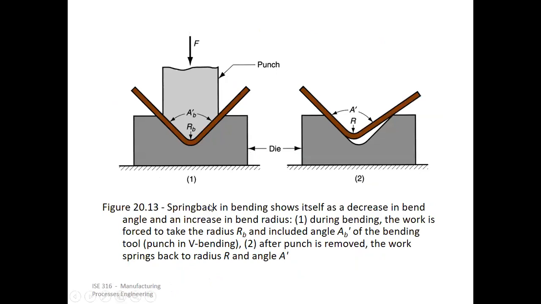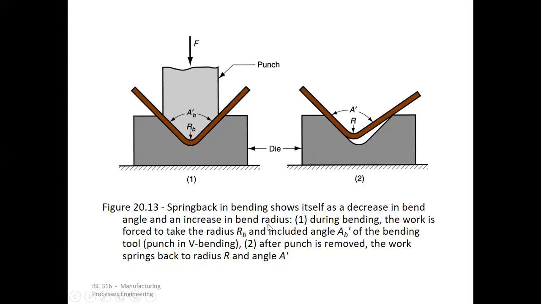So you see, this is the problem of springback illustrated in this figure. Springback in bending shows itself as a decrease in bend angle and an increase in bend radius. Of course, common sense. If the bend angle has increased, then the bend radius would also increase.